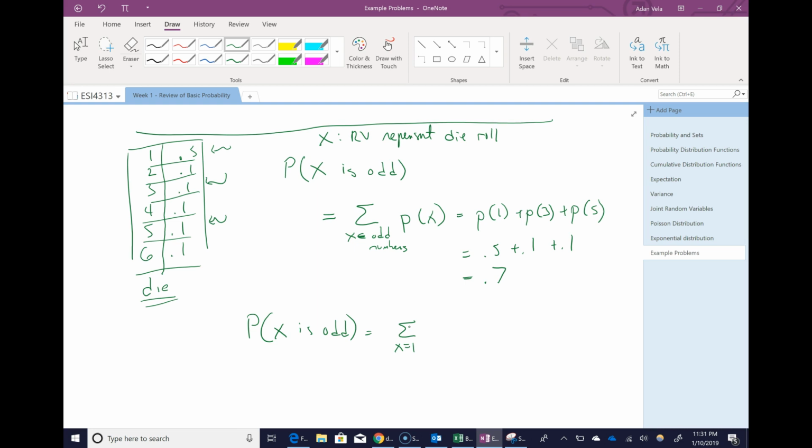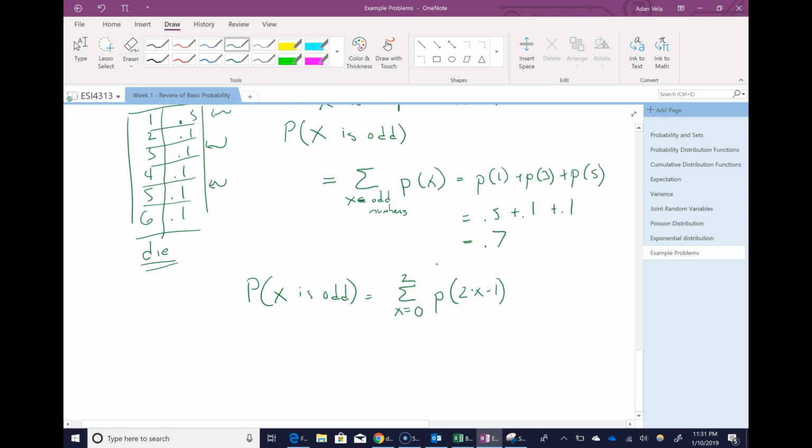Trying to think of something sneaky. I could say x equals 1 to, this is kind of a weird way to do it, but you could do it, 1 to 2 times the probability of 2 times x minus 1, right?